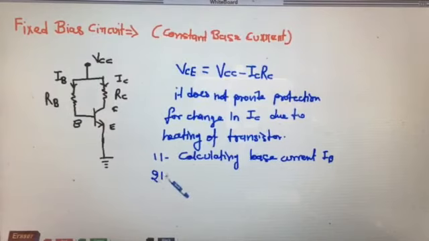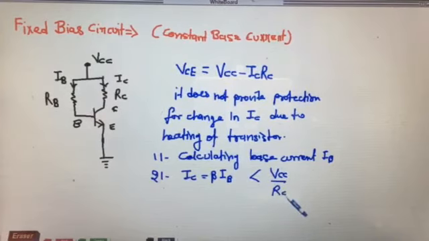Second, the current IC is calculated by beta IB. This value should not be greater than VCC upon RC. Now we have discussed how we find the base current and collector current.